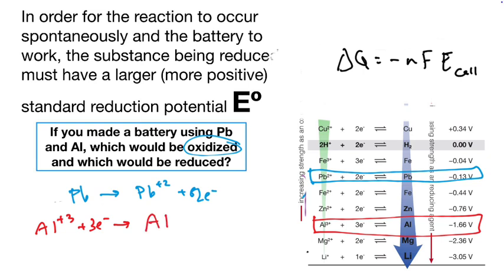Since we flipped the lead, what's its cell potential? It becomes a positive 0.13. And what would the cell potential for the aluminum be? Negative, because we didn't flip it. When we look at our cell potential, what do we get? We get a negative value. That negative value is now non-spontaneous.